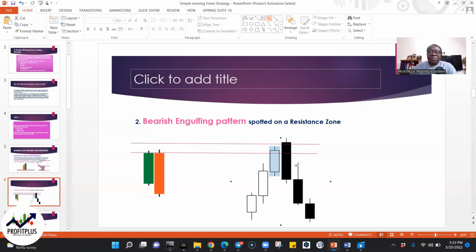So one of the best ways you can trade it is to come to the low, about 5 pips below this low, and put your sell stop. Then about 5 pips above the high, you position your stop.